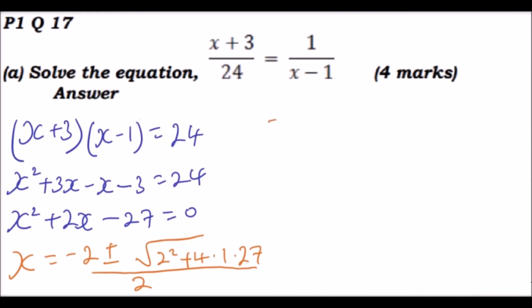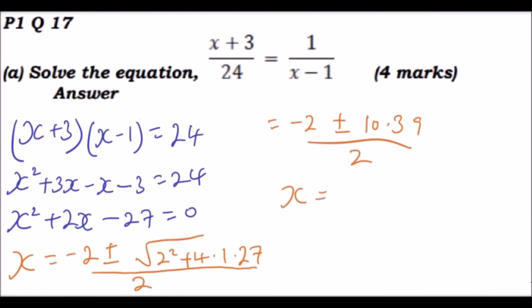So you find this is equal to minus 2 plus or minus. You multiply this and you find you get the square root, it is 10.39, divided by 2.